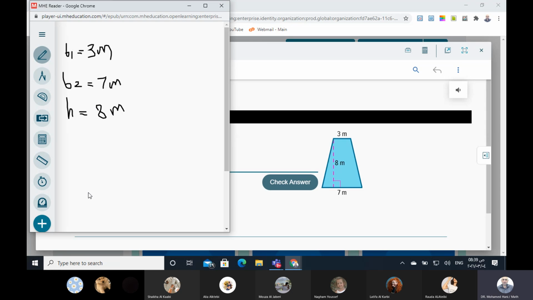And we want to find the area. How to find the area of a trapezoid? The first step, write the formula. A equals P1 plus P2 divided by 2 times the height.